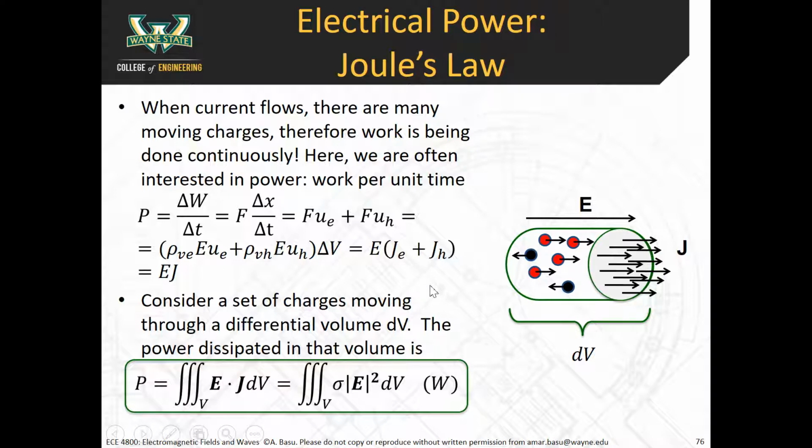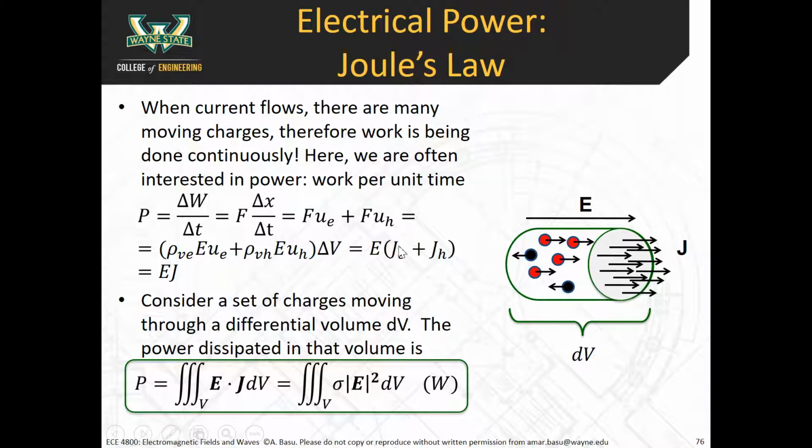And that simplifies to E times J. So what we did here was we took the electric field out of the parentheses, and we moved the delta V in here, and that gives us Q times u. Charge times the velocity at which it's moving.